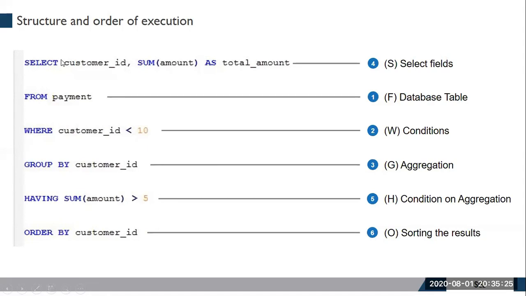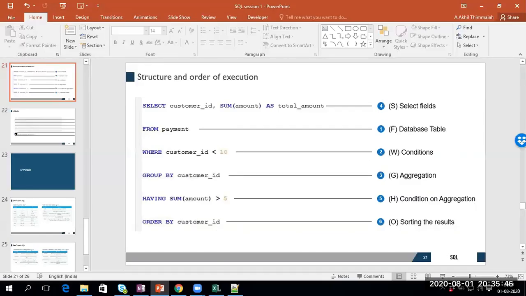For example, there is a database called Akil. In that database Akil, there's a table called payment. In that payment table, there is customer ID and amount as different columns.